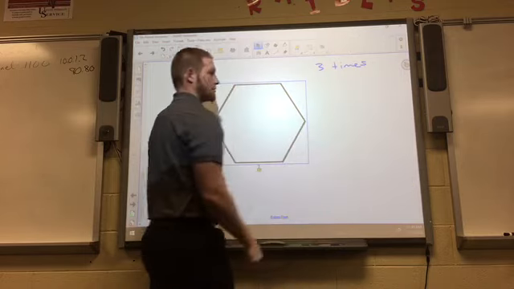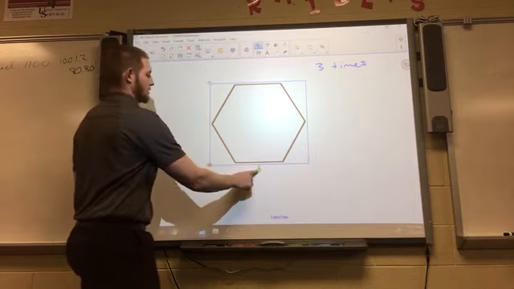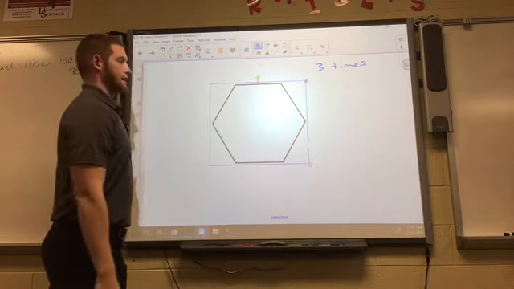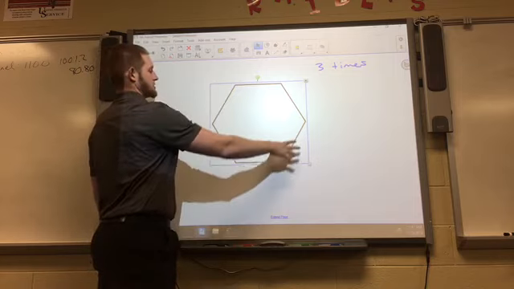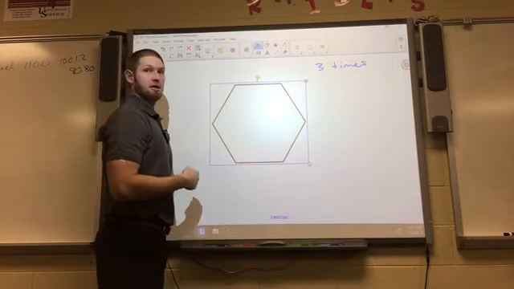But your problem today and on your quiz tomorrow is going to want to know at what degrees it has rotational symmetry. How many degrees would be going all the way around? 360. And it would have rotational symmetry 6 times because there's 6 sides.